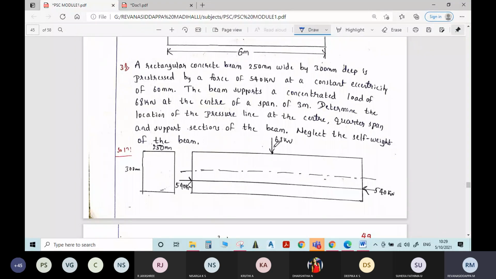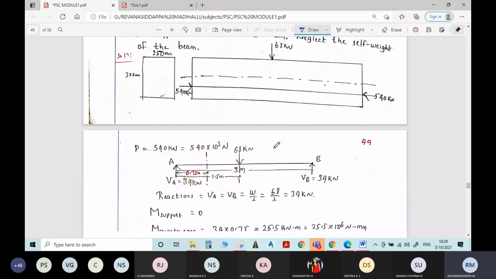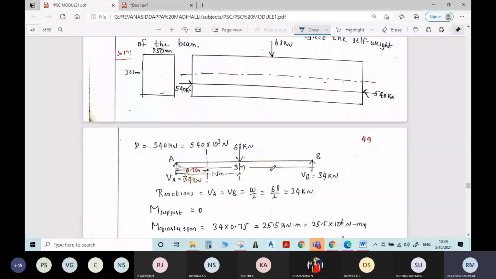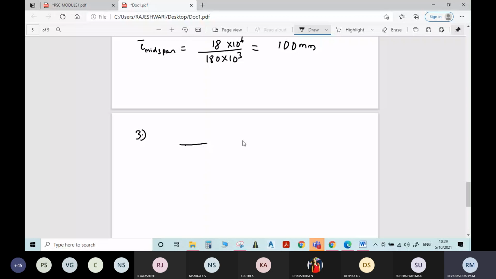Write the corresponding figure. The beam having a span of 3 meter is acted upon by a concentrated load of 68 kilonewton. The total span is given as 3 meter.